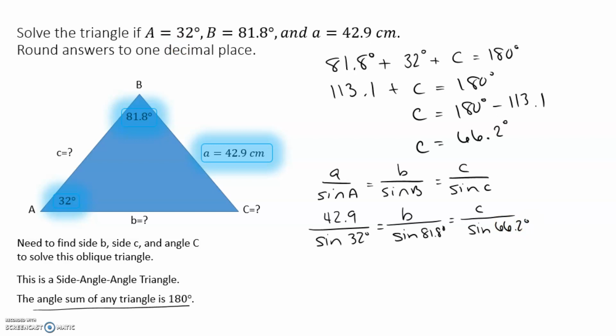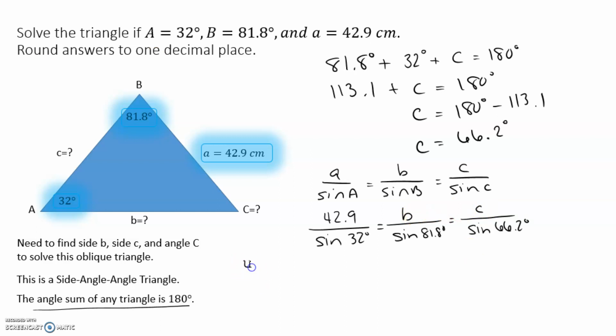Okay, so I'm going to set up two equations. I'm going to set this one equal to this one, and then this one equal to this one. Because if I set these two up right here, then I only have one unknown. Whereas if I set these two equal to each other, I have one equation but two unknowns, and I won't be able to solve it.